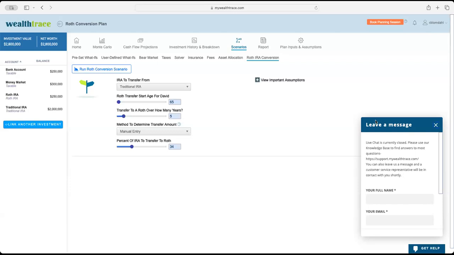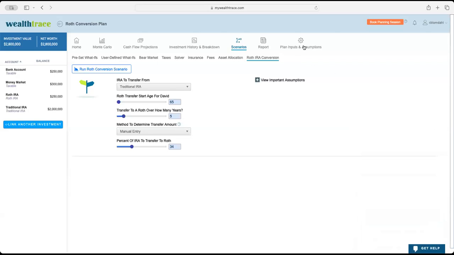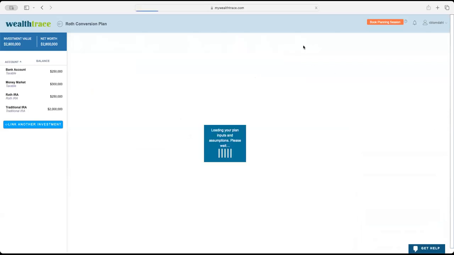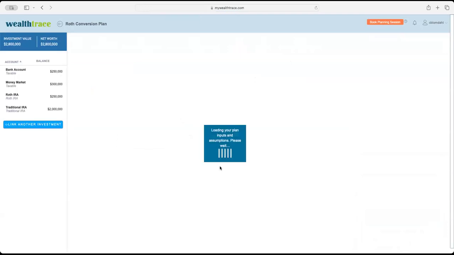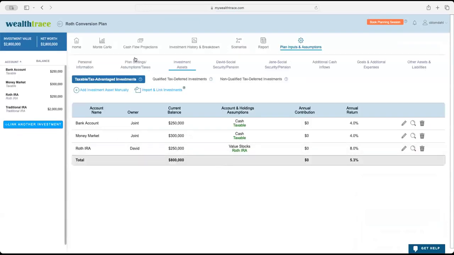You can run that scenario. I would say it's probably not the best idea, but you never know. It's plan by plan, and that's the kind of thing that I dig into in the expert support sessions, amongst other things. I make sure that you haven't made any major mistakes in your plan in general, but we can really dig into Roth conversion scenarios and other scenarios too.